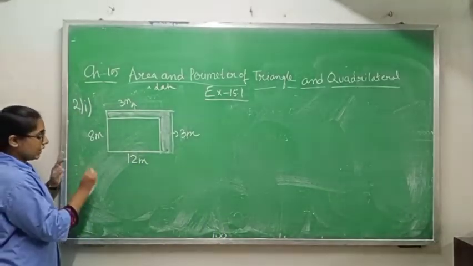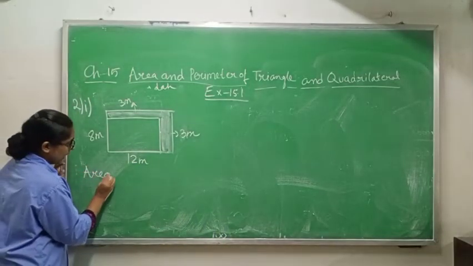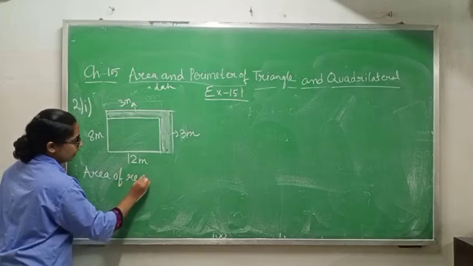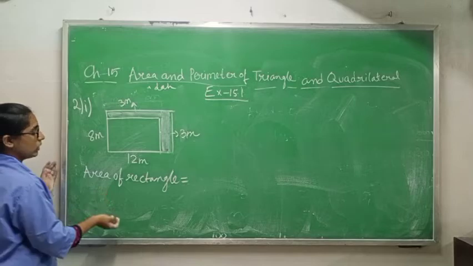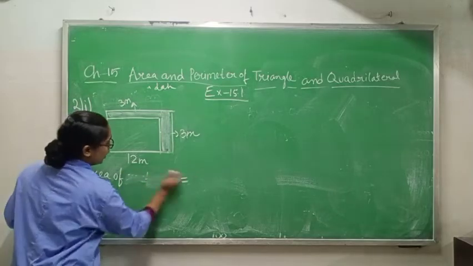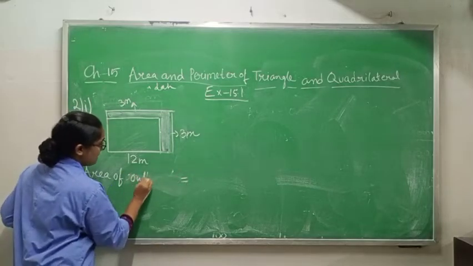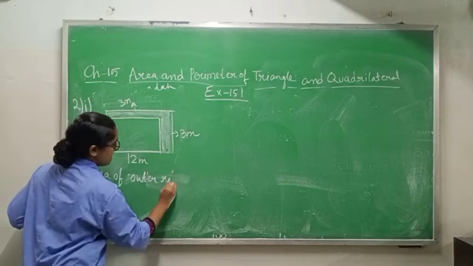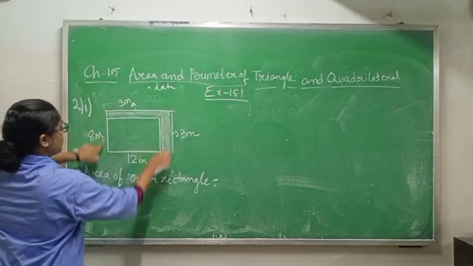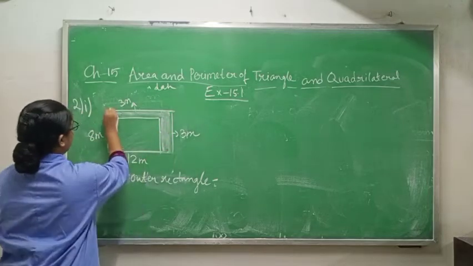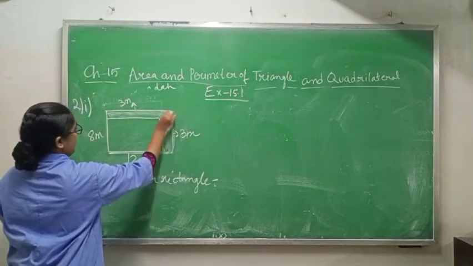First you will find area of rectangle. Now see, outer rectangle you can write also. Write area of outer rectangle. Now which one is the outer rectangle, class 9? This full one is the outer rectangle. Okay.